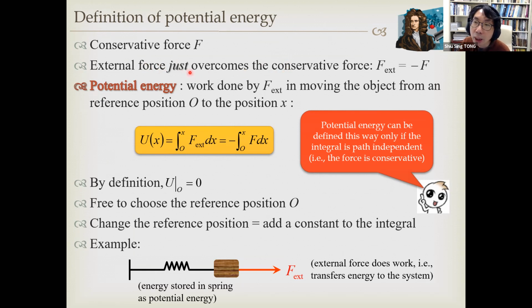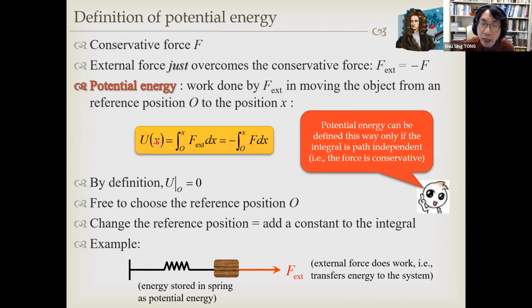And so again, we apply the external force just balancing the conservative force. The potential energy is defined by the work done by the external force in moving the object from a reference position O to its final position X. So the function U is the potential energy function.